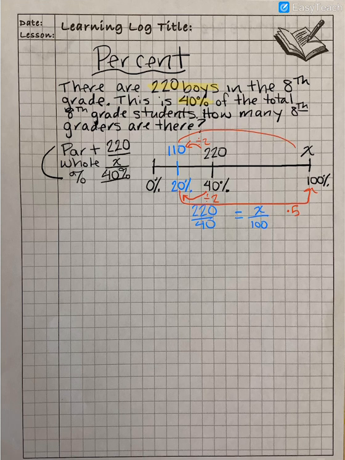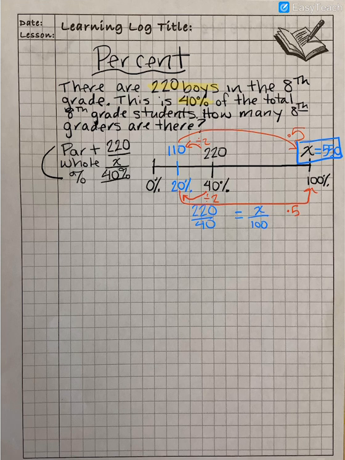So I'm going to multiply this by 5 as well. And when I multiply 110 by 5, I see that x equals 550. And that is the total number of 8th grade students.